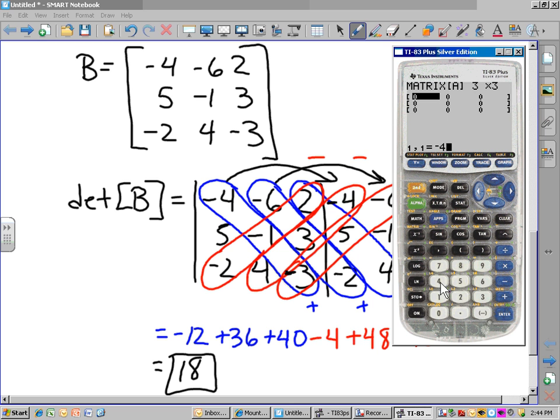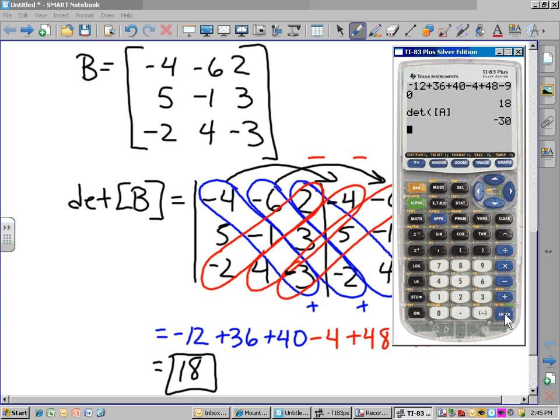Negative 4, negative 6, 2, 5, negative 1, 3, negative 2, 4, negative 3. Go back to the home screen, second matrix, and go to math. Under matrix math, we have number 1, determinant. So we're going to take the determinant, second matrix of matrix A.